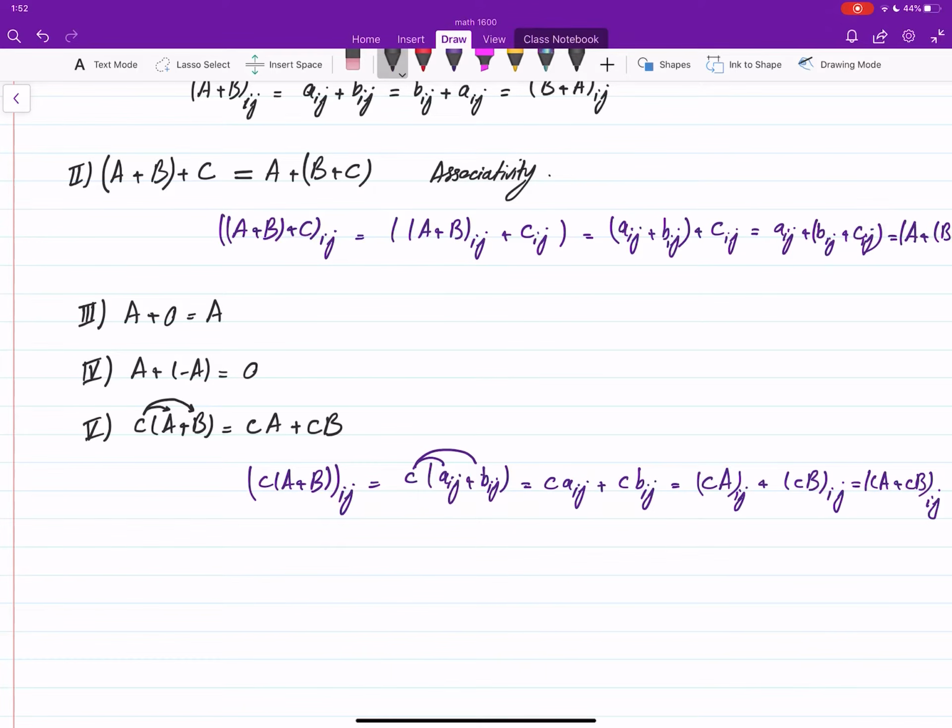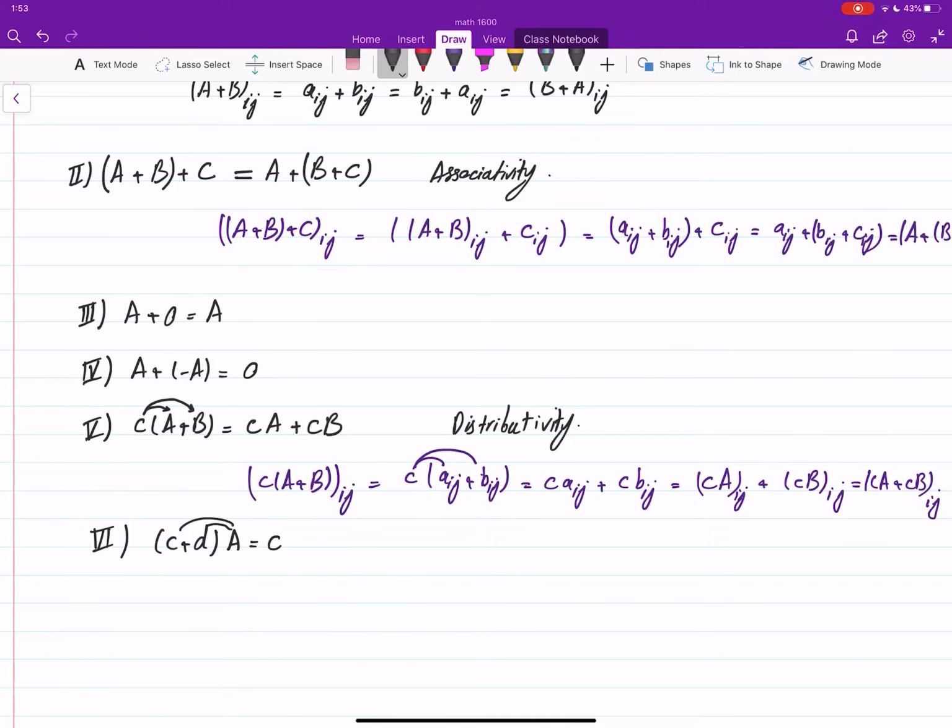There is also another distribution, so let me just write the distributivity here. This version is scalar multiplication over matrix addition, but the other way also works nicely, meaning that if you have two scalars added, then scalar multiply to a matrix, this will happen again.